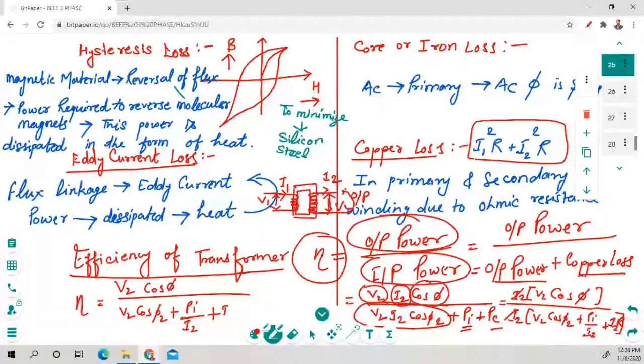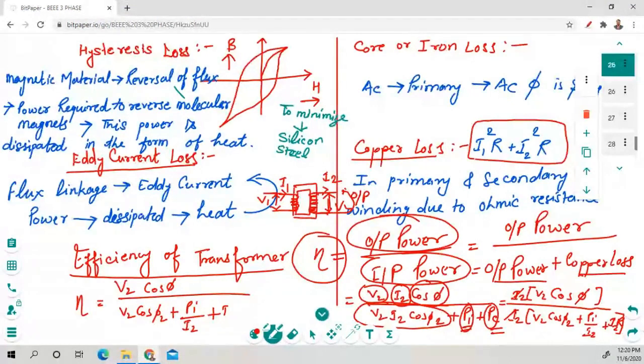Okay. So how to calculate this copper loss? First is iron loss, then copper loss. So in the denominator, you have to make I2 common. We are going to eliminate this I2 current. While making I2 common in all the terms, we have to divide Pi by I2. Pi is the iron loss, and this is the copper loss.